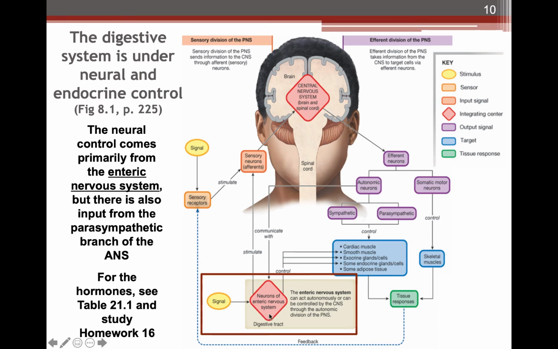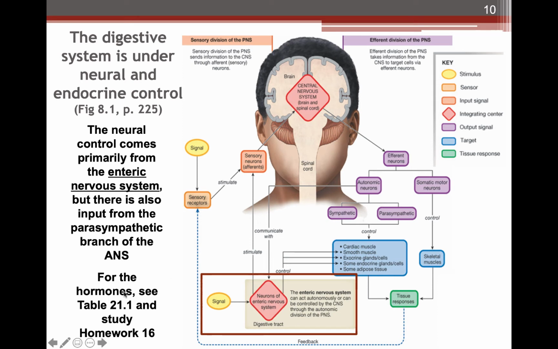A separate neural network that is really just autonomously in control of the digestive tract. Yes, it does get some input from the autonomic efferent pathways, like parasympathetic input, but it does largely stand alone and separate from the central nervous system.